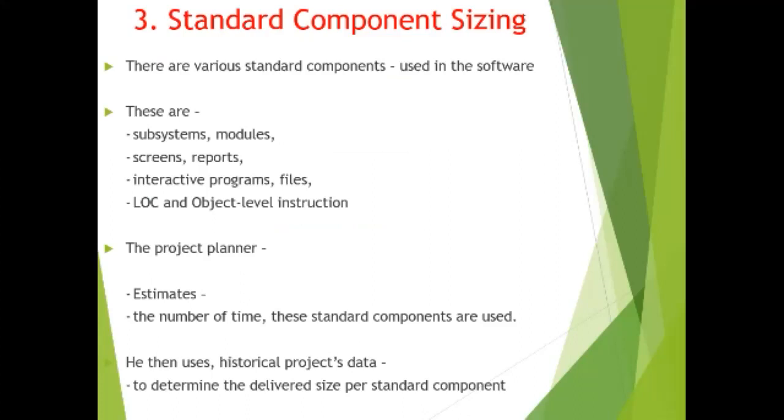Third, standard component sizing. There are various standard components used in software: subsystem, module, screen, report, interactive program, files, LOC, and object-level instructions. The project planner estimates the number of times these standard components are used. He then uses historical project data to determine the delivered size per standard component.